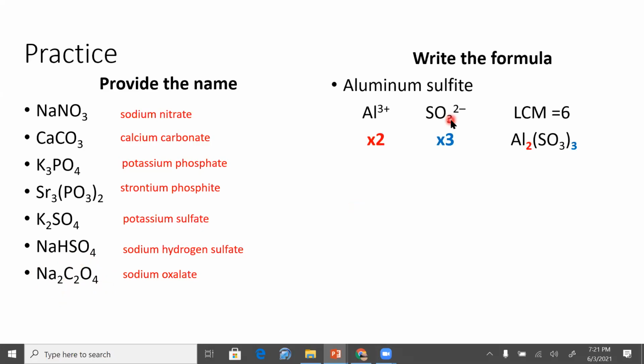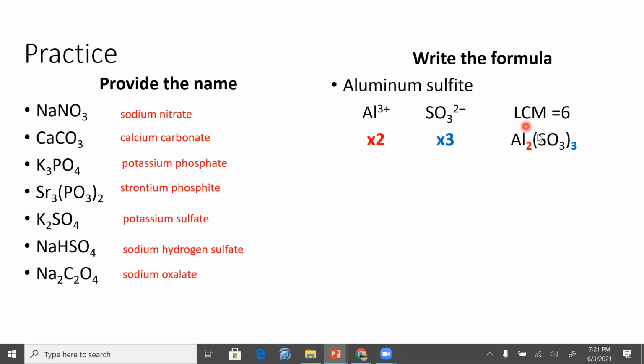So again, if we were to look at aluminum, it's got a +3 charge. If we were to look at sulfite, it has a -2 charge. Again, we're going to take the 3 from the aluminum and drop it down as a subscript. We're going to take the 2 from the sulfite and drop it down as a subscript. So our formula would be Al2(SO3)3.